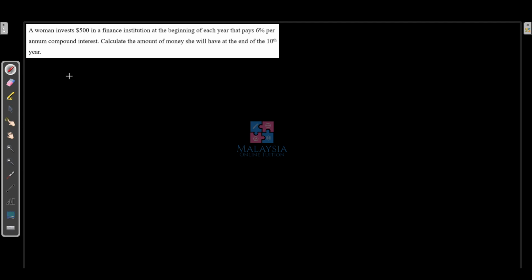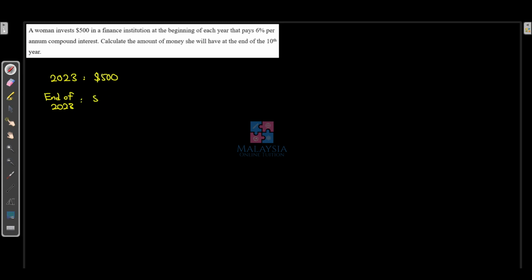So let's say we define the first year as 2023. So for the year 2023, how much money does the woman have in the finance institution? It is going to be $500. So end of 2023, how much is she going to have? We can say the $500 plus the compound interest of 6% per annum.